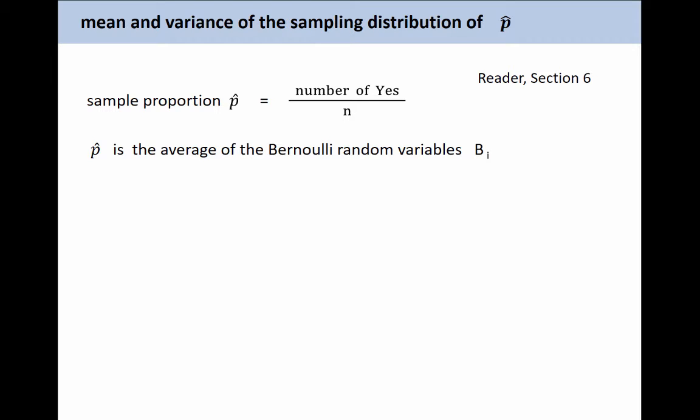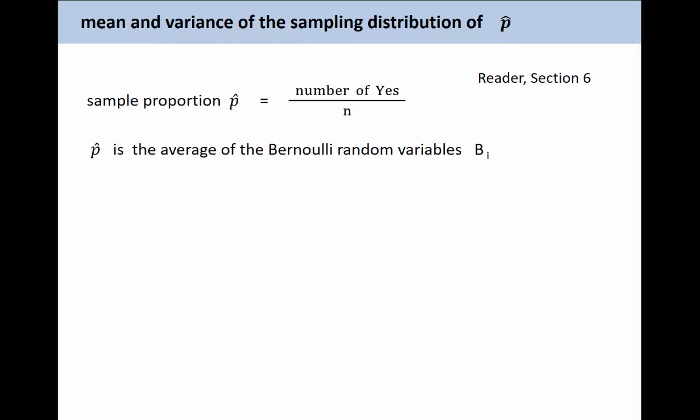So when we take a look at the mean and variance of the sampling distribution of p hat, remember that the sample proportion p hat is just the number of yes divided by n, and we're continuing to work with what's outlined in the reader in section 6. And so what we're going to say is that the sample proportion p hat is the average of these Bernoulli random variables.